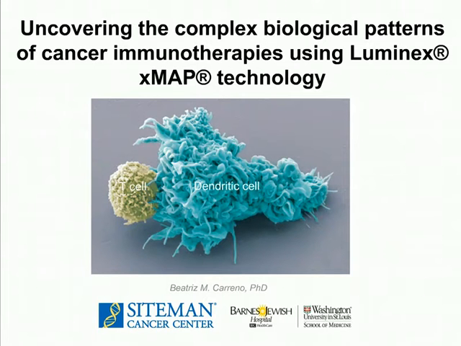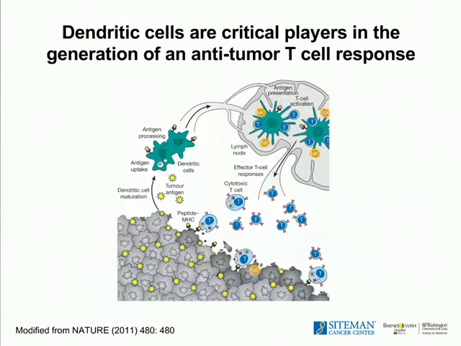As a matter of introduction, I'll briefly describe what dendritic cells are. These cells are rare. They're immune cells, and they have a very important function for initiating immune responses.